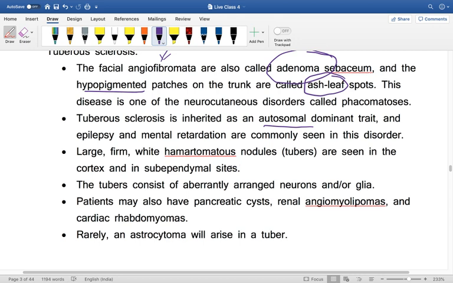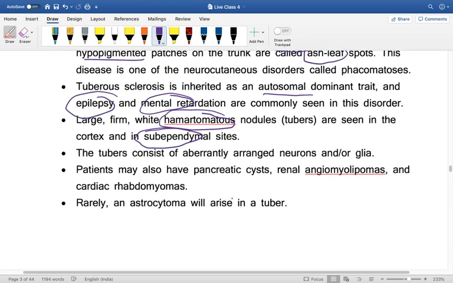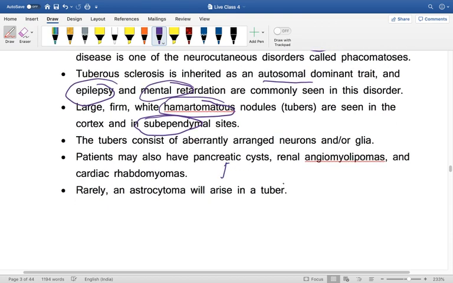They also develop epilepsy and mental retardation, and all those tubers are hamartomatous nodules. Where are they found? Subependymal sites. What else can a patient of tuberous sclerosis have? Pancreatic cysts, renal angiomyolipomas, cardiac rhabdomyomas. They are all possible.